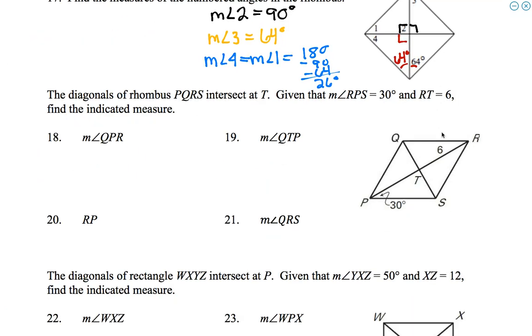All right, the diagonals of the rhombus PQRS intersect at T. Given that the measure of angle RPS is 30 and RT is 6, find the indicated measures.